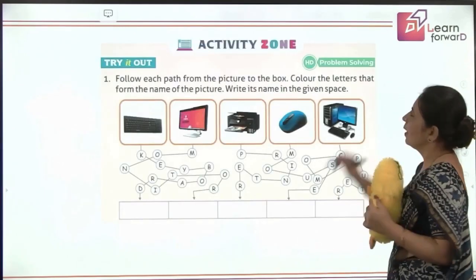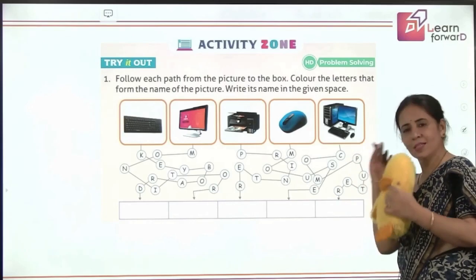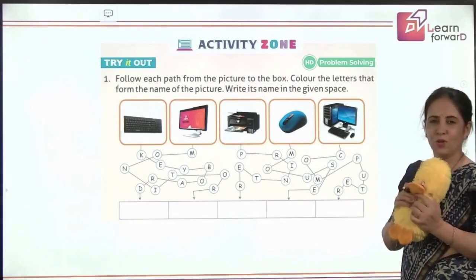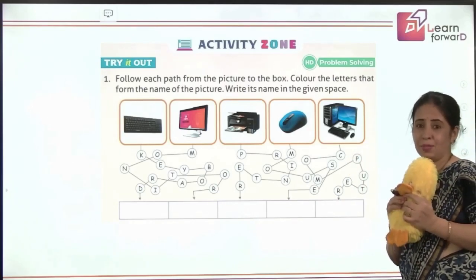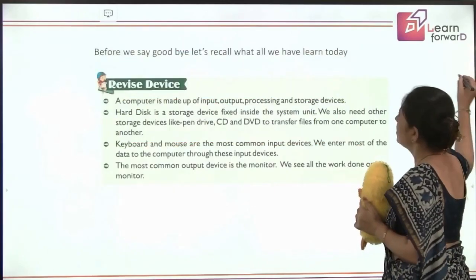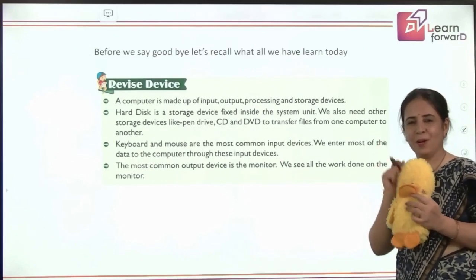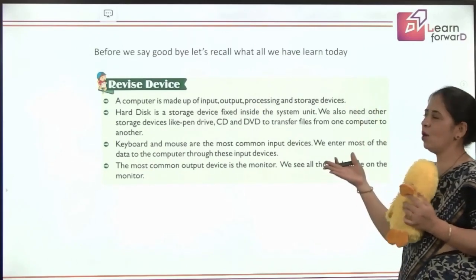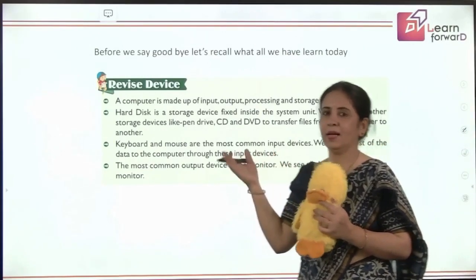So, correctly done, and this is your activity for the homework. I hope the concepts are clear. Is it? Good. And so, before we say goodbye, let's quickly recall what we have learned today in the class.